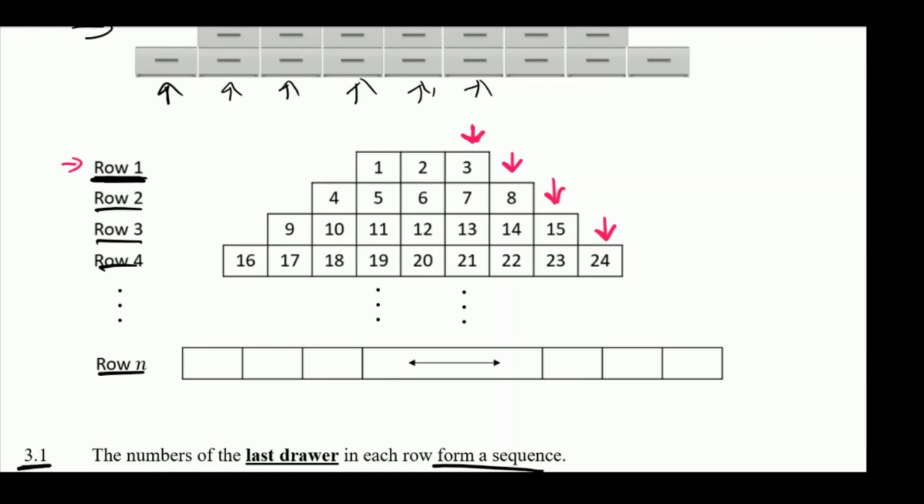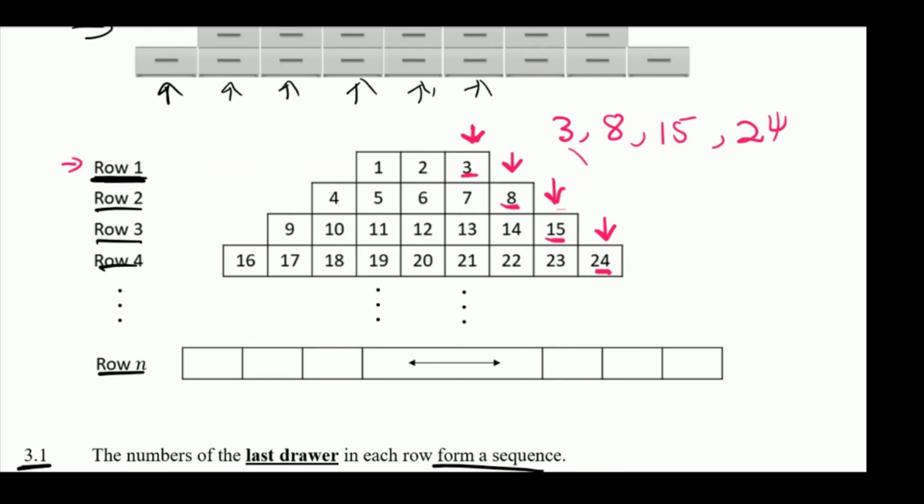So the last drawers of each row form a sequence. So we have 3, we have 8, we have 15, and we have 24. So all these numbers are these ones here, right? Now we are told that they form a sequence, so we want a general term of this sequence.